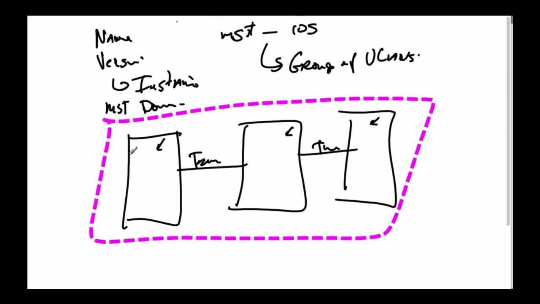So when I do my MST configuration, I create, say, VLANs 10, 20, and 30 on each. Now I need to actually assign these to an instance.